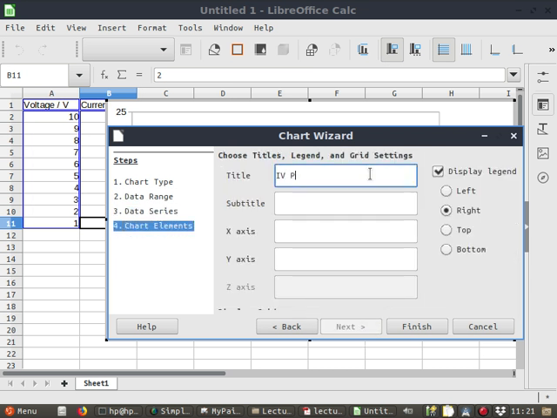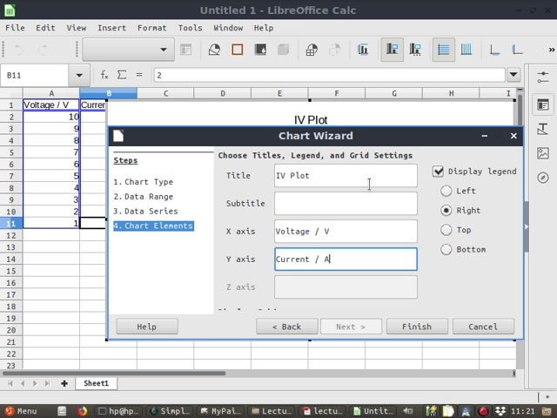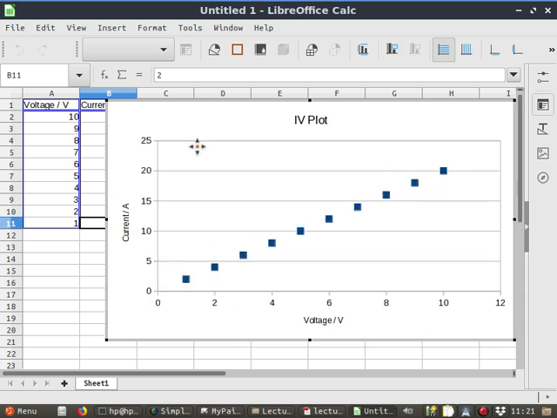This is called an IV plot. On the x-axis is voltage in volts and then current in amps. It's not showing me the... Here we go. That's better.